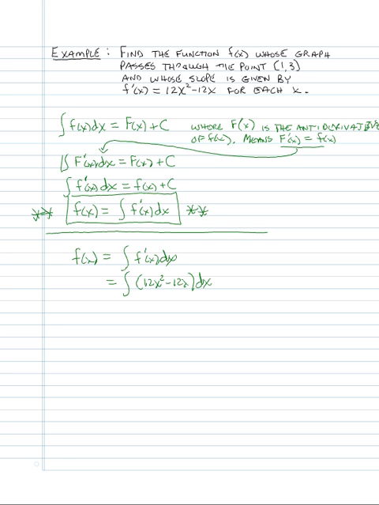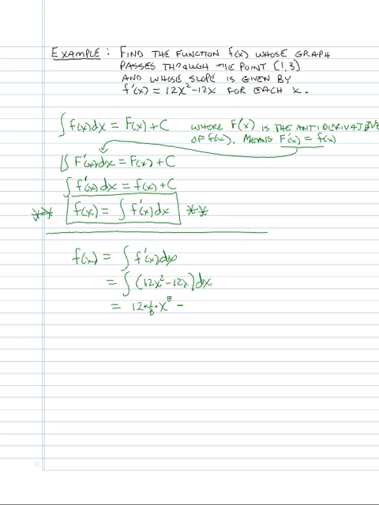So f of x is the integral of 12x squared minus 12x. We ought to be able to do that integration. When we integrate 12x squared, we have our 12, and then we increase the power on x by 1, so we'll have a power of 3, but we have to offset that new power with the reciprocal of it.